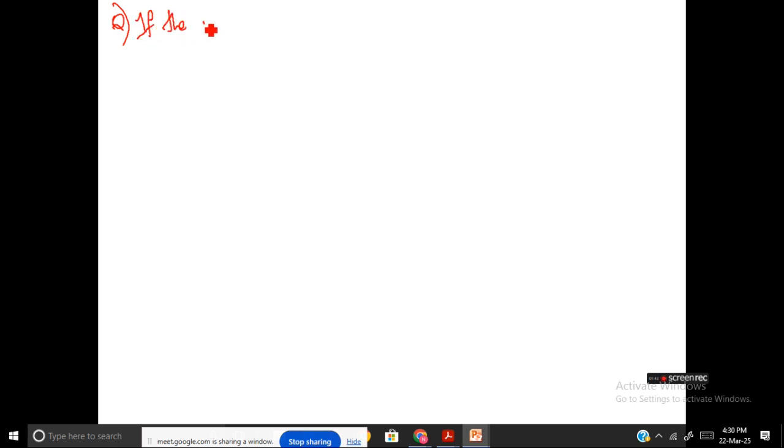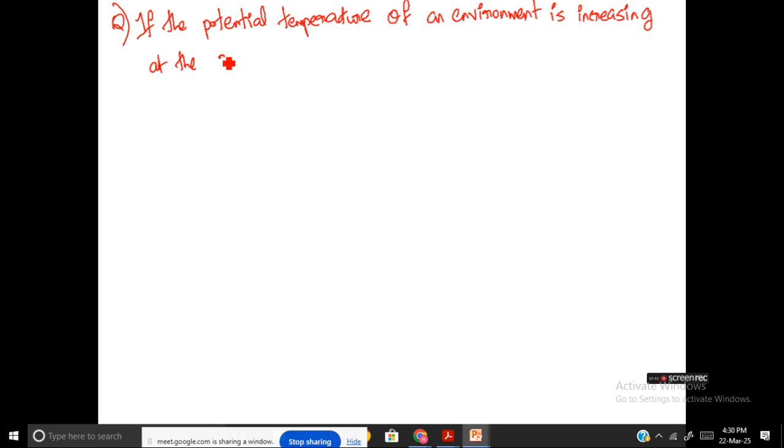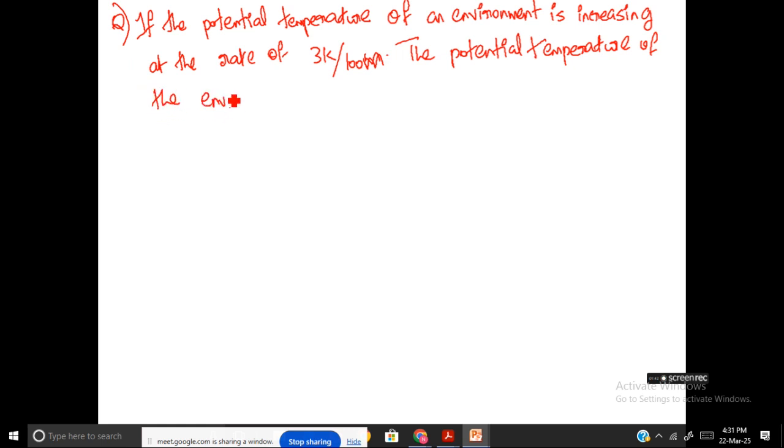If the potential temperature of an environment is increasing at the rate of 3 Kelvin per 100 meter, the potential temperature of the environment is 20 degrees Celsius.